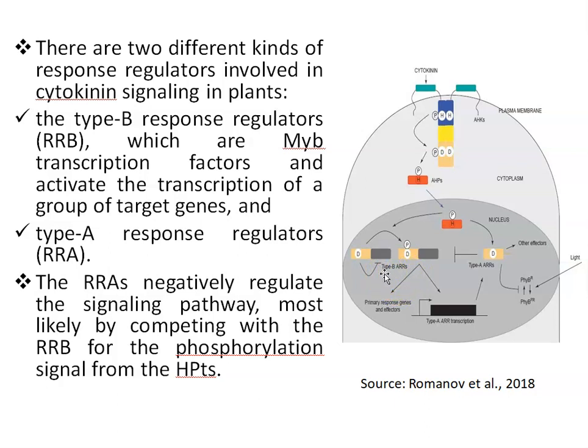Which are MYB transcription factors and activate the transcription of a group of target genes, and type A response regulators, ARR. The RRAs negatively regulate the signaling pathway, most likely by competing with the RRB for phosphorylation signal from the HPTs, right? So this is all about cytokinin signaling.